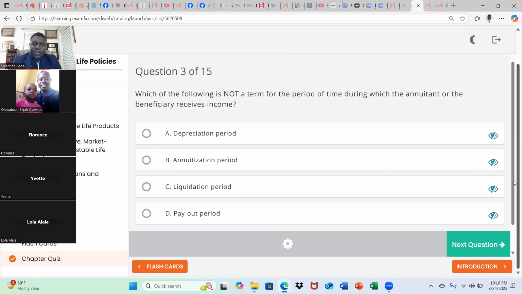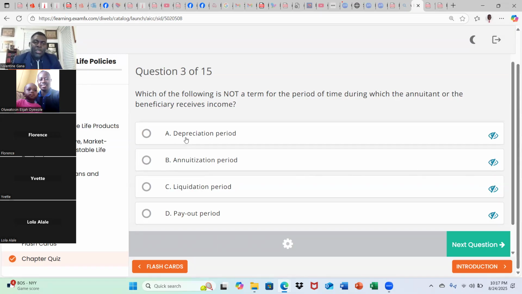Which of the following is not a term for the period of time during which the annuitant or the beneficiary receives income?